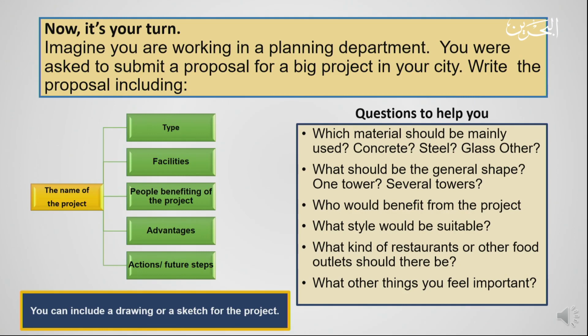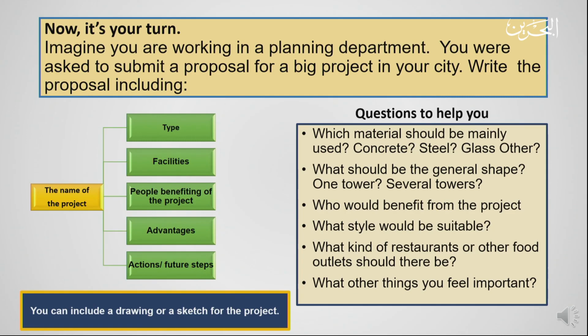When you write about your project, you will consider the type of the project, the facilities in the project, and the people benefiting from the project. So the project will address who, then the advantages, the good points about the project, and finally actions and future steps.